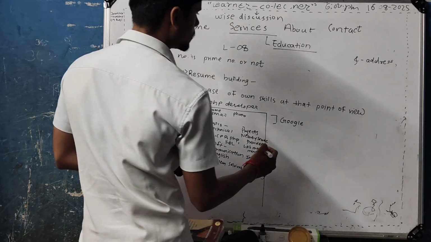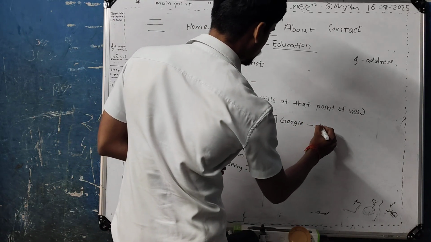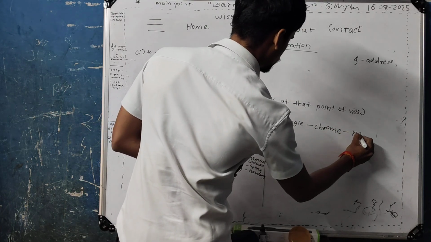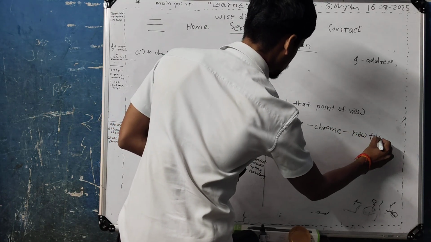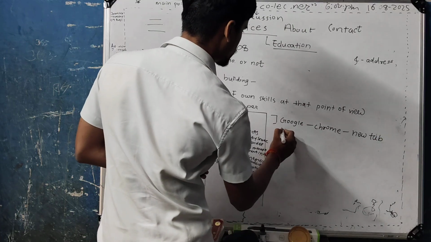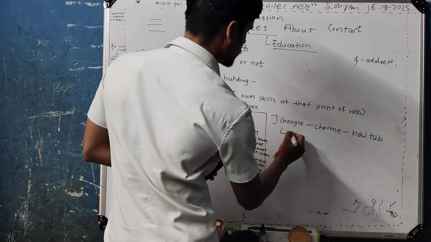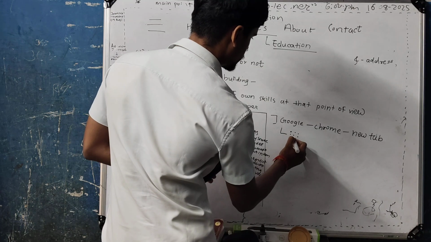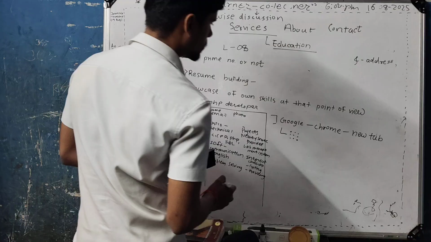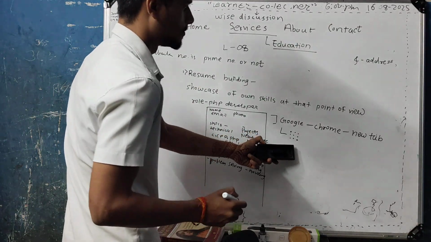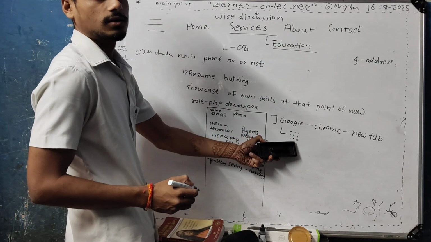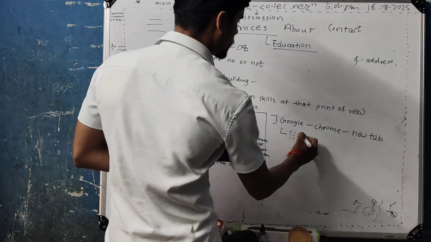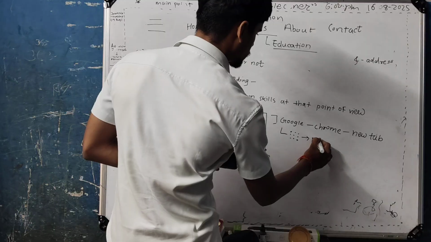Go to Google, there go to Chrome, there go to New tab, and there you can see this symbol of nine dots which contains Google applications, and in one of those applications there is Docs.